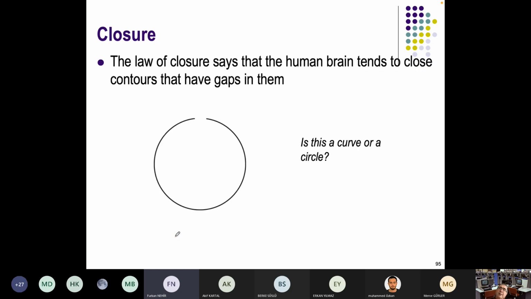And continuity has the closure property as well. Is this a curve or a circle? The technical answer is that it's a curve. But the perceptive answer is it's a circle, because our brain tends to close the gap.